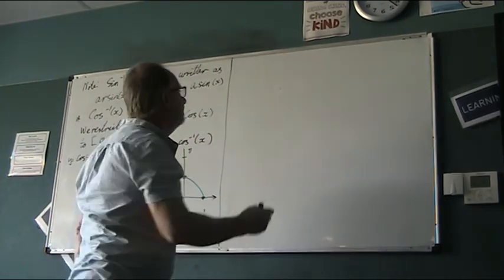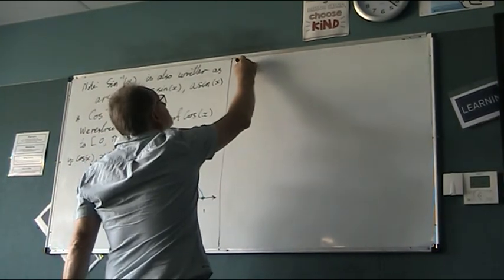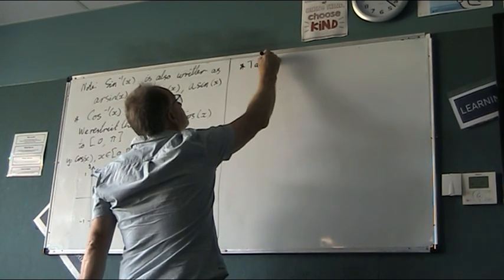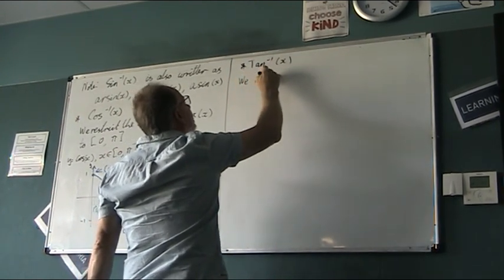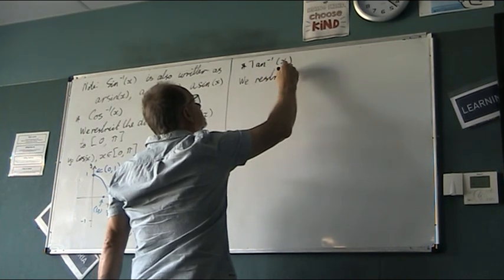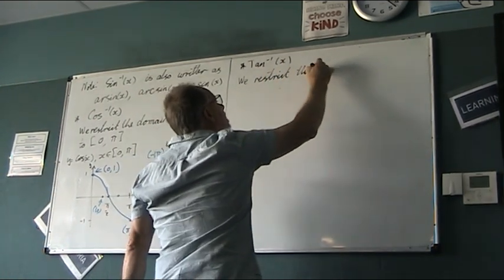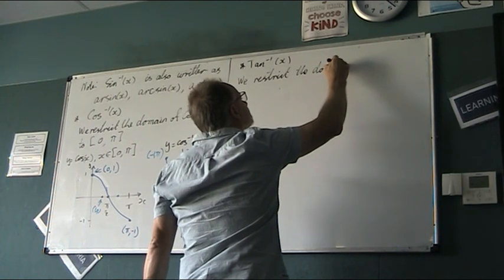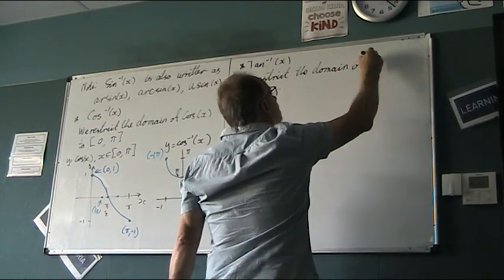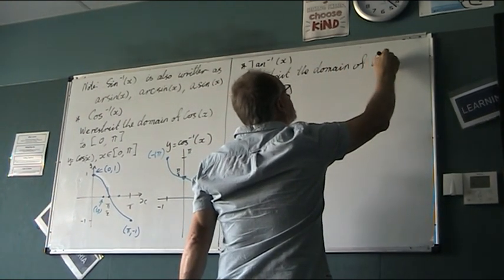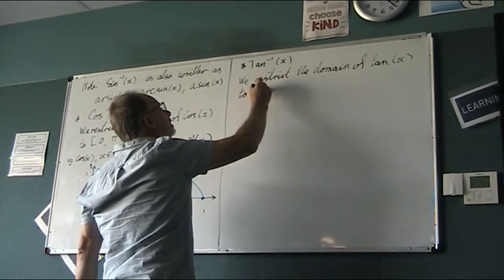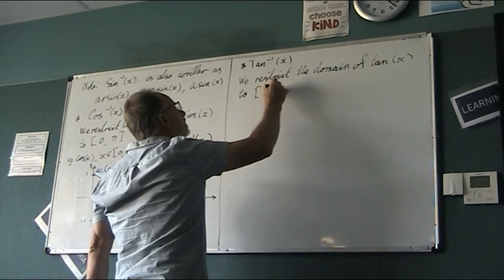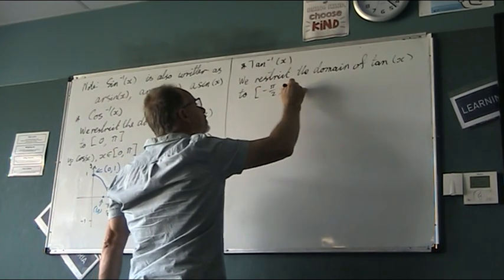So for tan, we restrict the domain of tan x to negative pi on 2 to pi on 2.